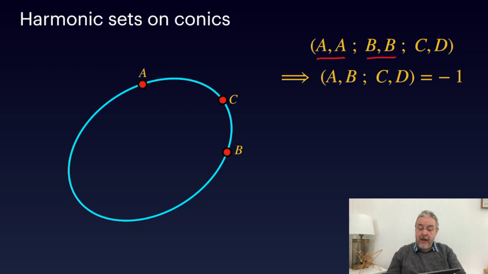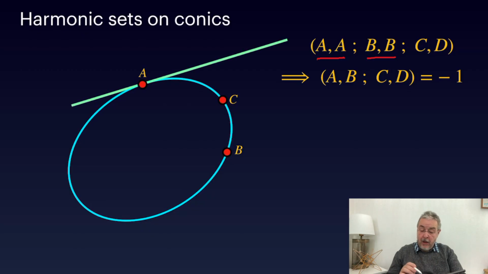In one of the earlier lectures we proved that AA, BB, CD is a quad set if and only if A, B, C, D is in a harmonic position. And this gives us a very nice and simple construction for a point that is in harmonic position to 3 other points by simply applying this quadrilateral set relation.